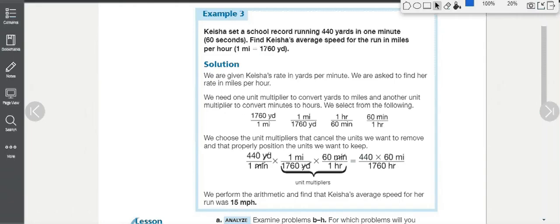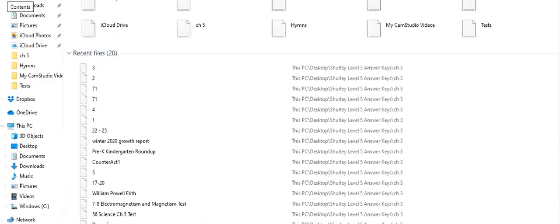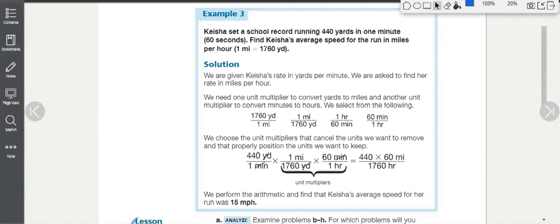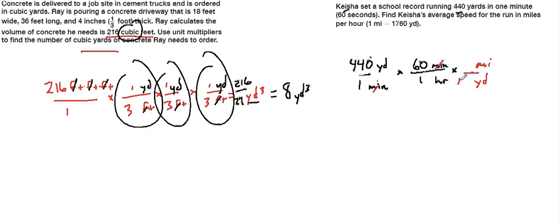I think I've got my minutes in the wrong spot. Let me just think about this. Oops. Nope, I actually love where the minutes are. So we're trying to get rid of minutes across. And then we also need to turn into yards and miles. And it's 1760 yards for 1 mile.